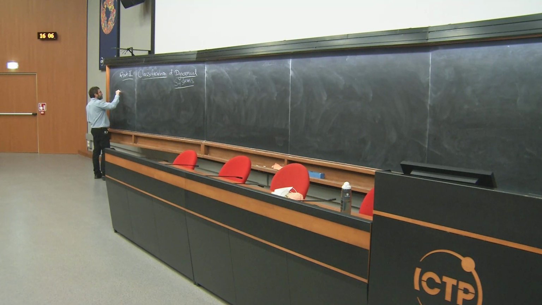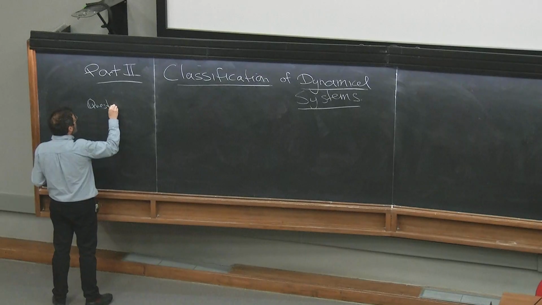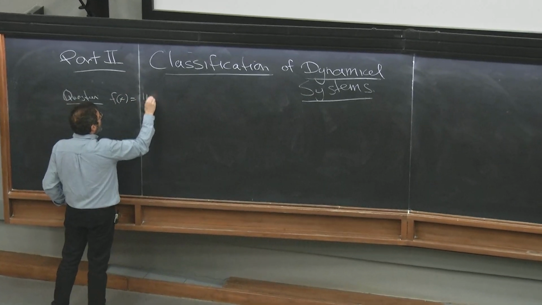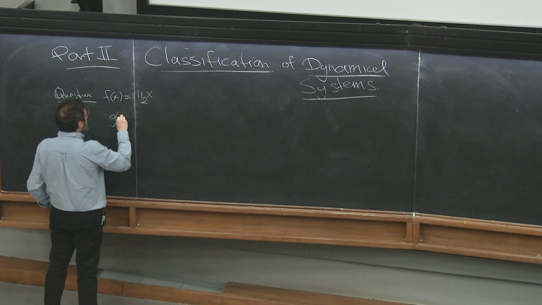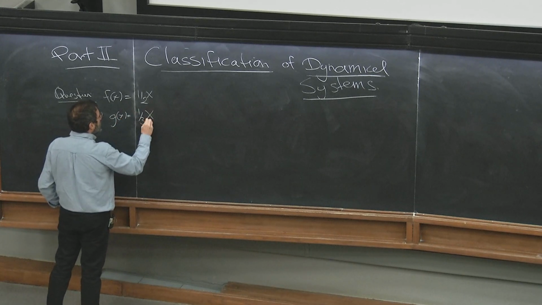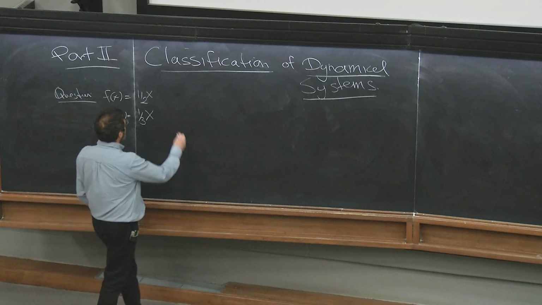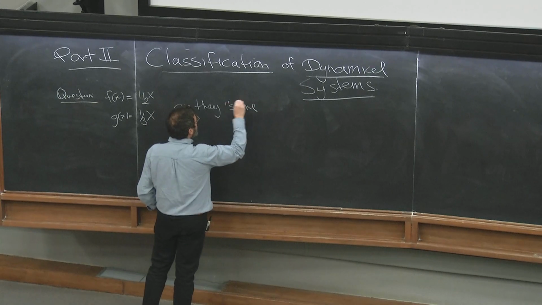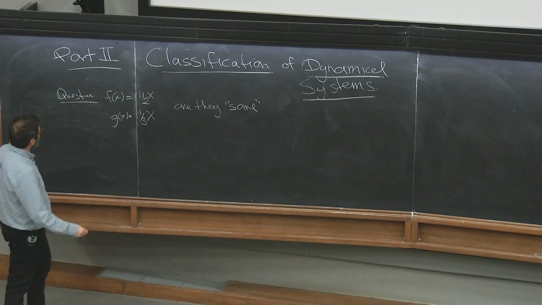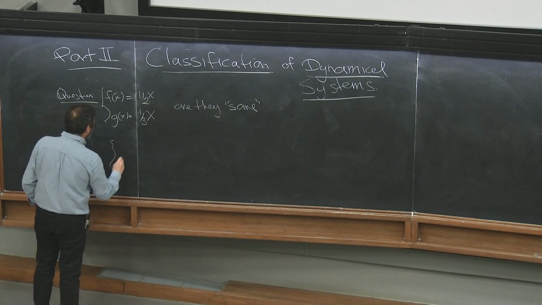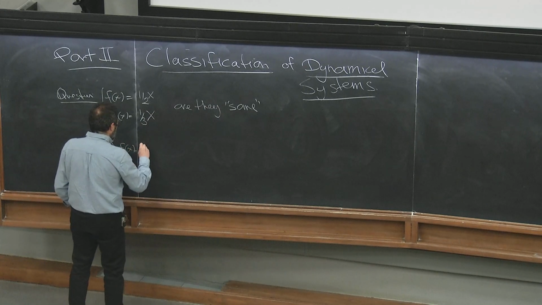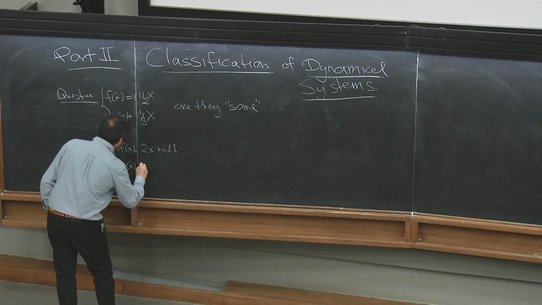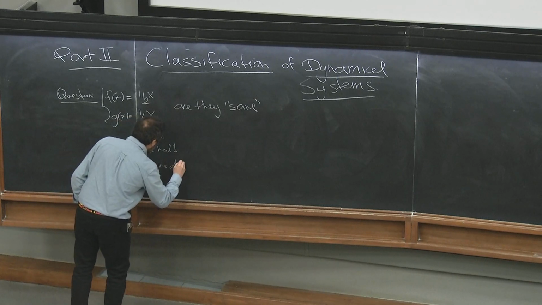question, if we take f of x equals 1/2 x and g of x equals 1/3 of x, are these the same? Is there some way that we can talk about being the same? Or suppose we take f of x equals 2x mod 1, or g of x equals 3x mod 1.